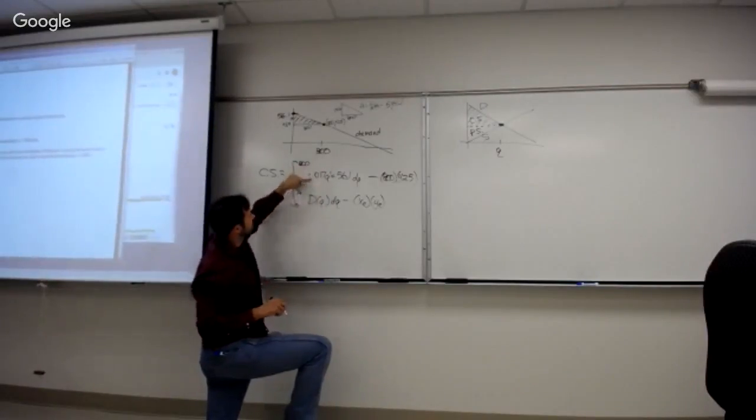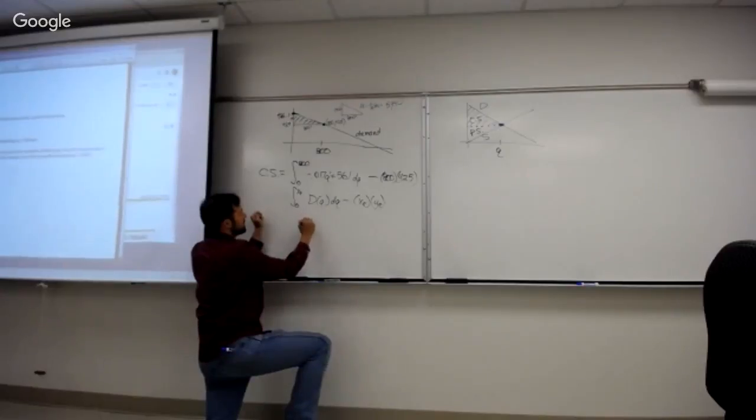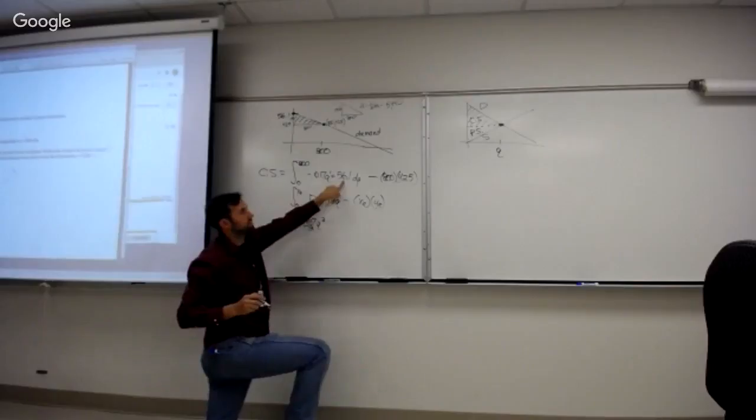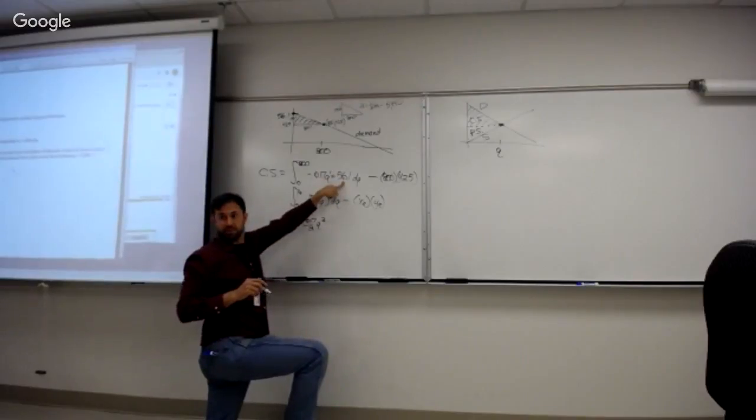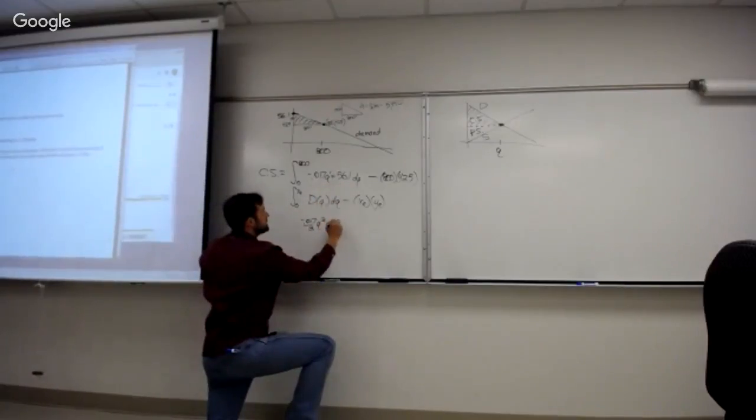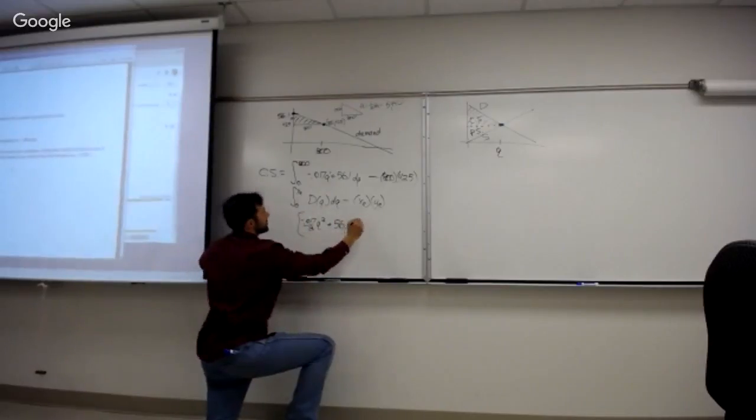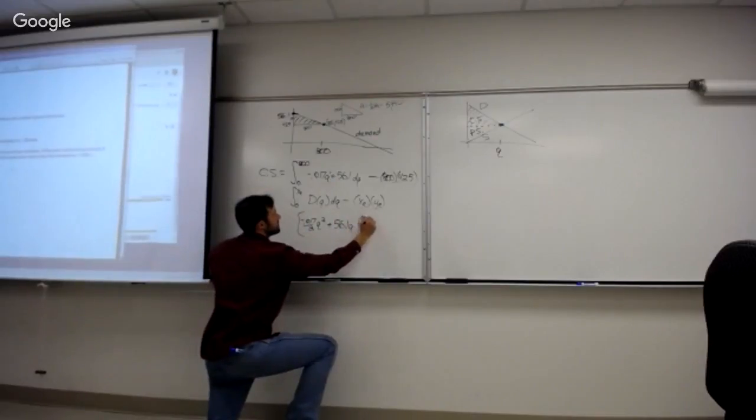Yeah, add 1 and then divide by 2. So that gives us negative 0.017 over 2 Q squared. And what's the antiderivative of the number 56.1? It's the number with the variable. Yeah, 56.1Q. We have all that now being evaluated from 0 to 800.